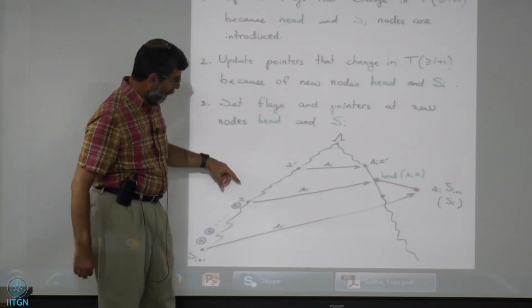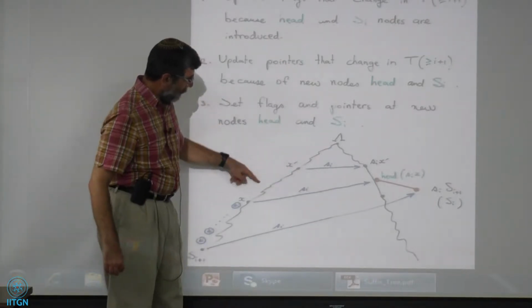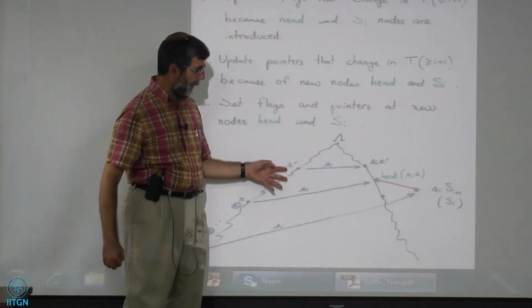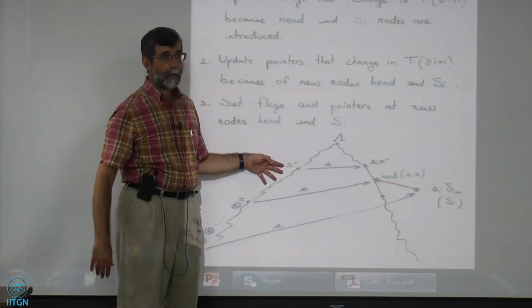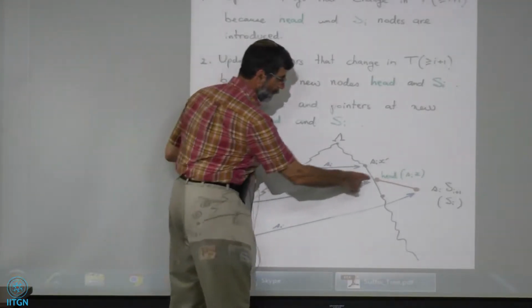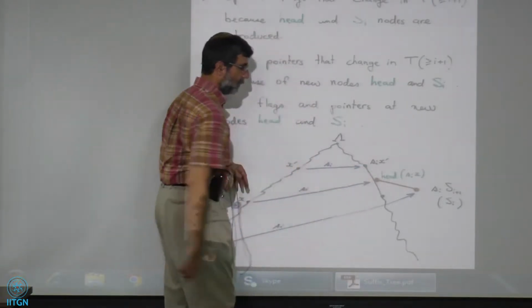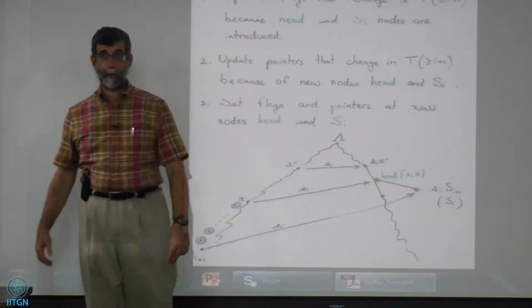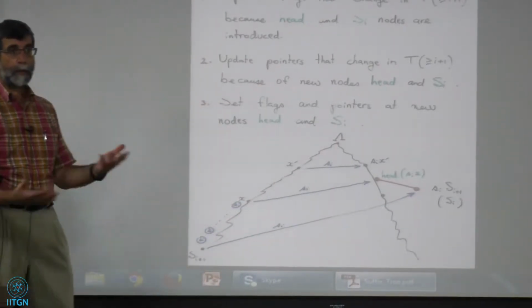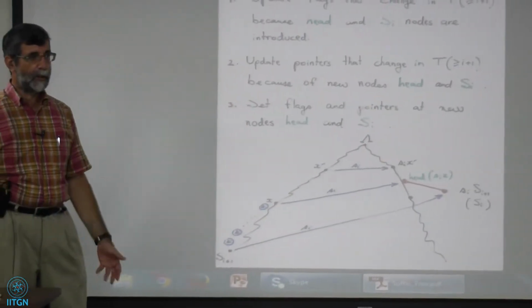Now, all of the nodes between X and X prime used to have Si flags, and they continue to have Si flags because they all appear somewhere here on this edge. And X prime had a pointer, and it continues to have a pointer because the node did not disappear.